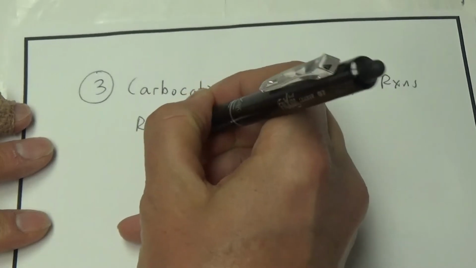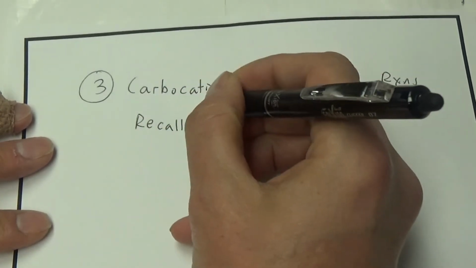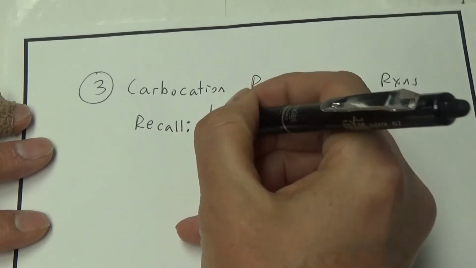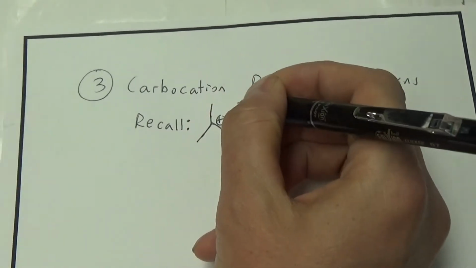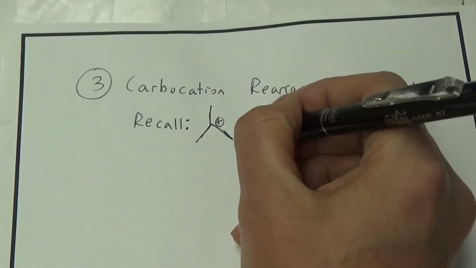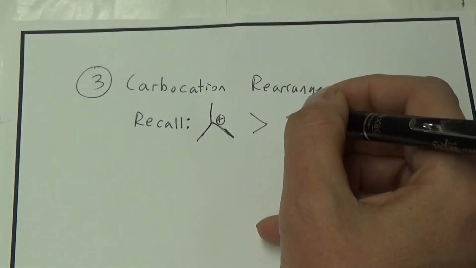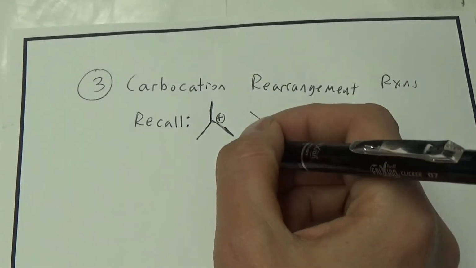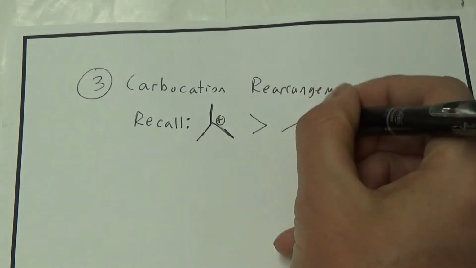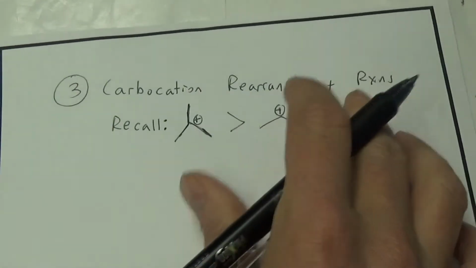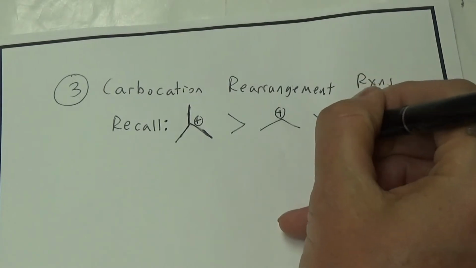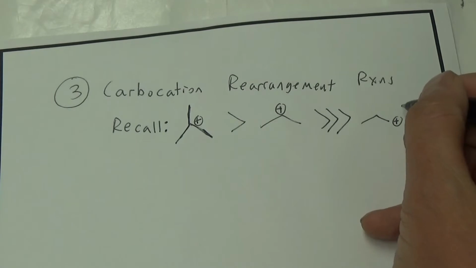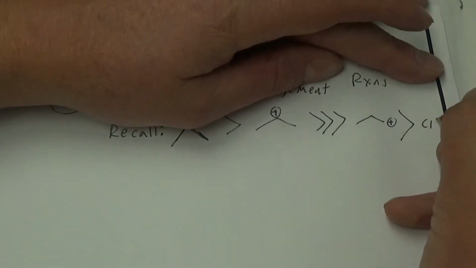Interestingly, because carbocations have different stability, we know that tertiary carbocations are more stable than secondary, and those are far more stable than primary, which are even more stable than methyl.